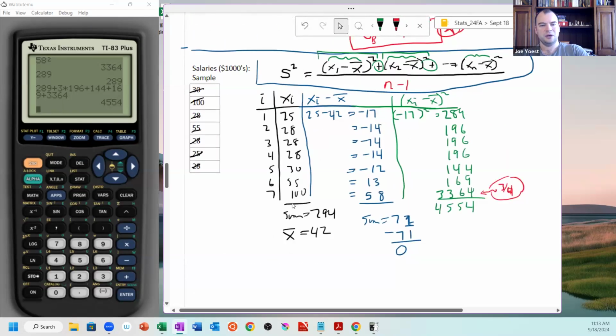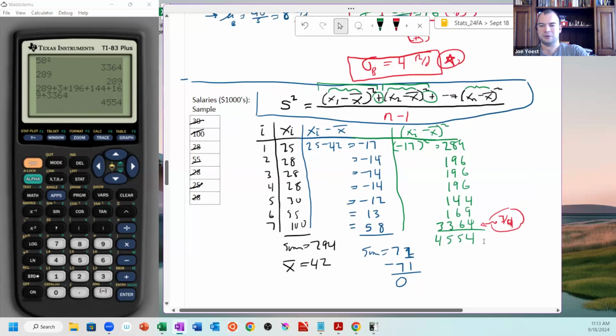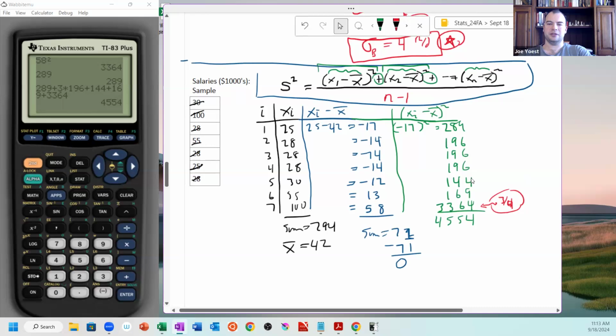Remember, this is one where we thought there's probably some right skewedness here. We think this 100 maybe is an outlier. Again, a little bit subjective at this point, but we see this outlier contributing 3,300 on 4,500, 3/4 of the effect on the variance. It's clearly a much larger number than any of the other ones in this column.